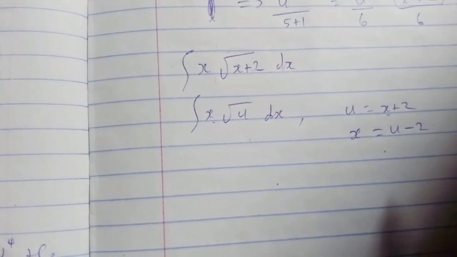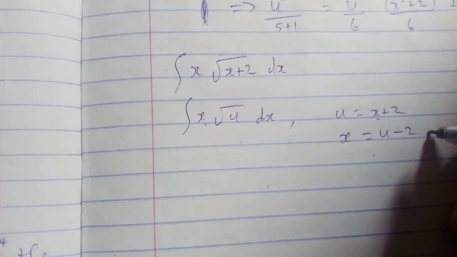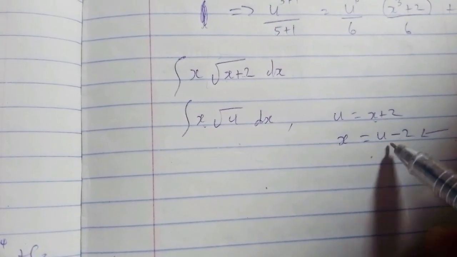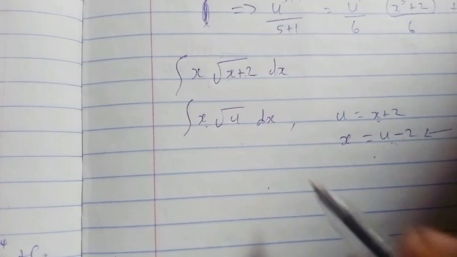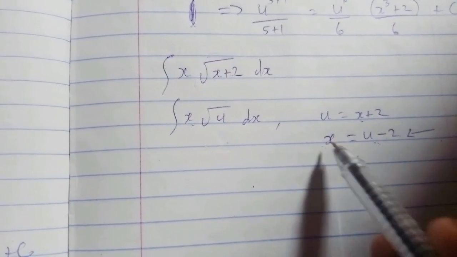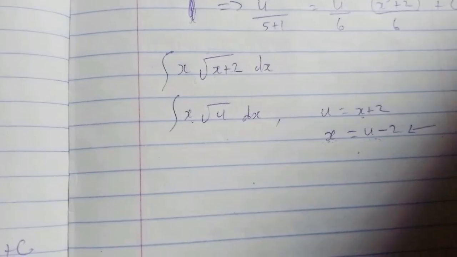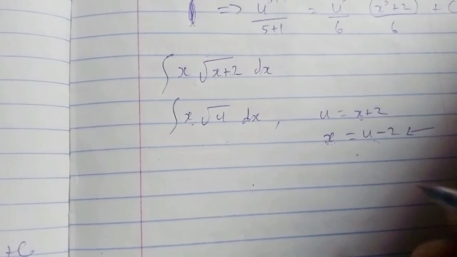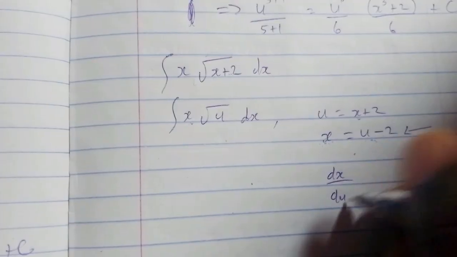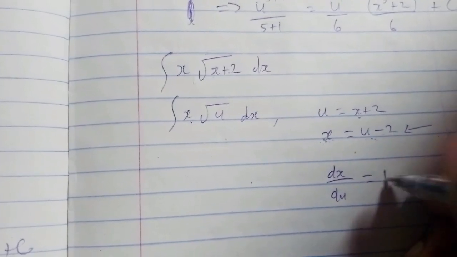Alright, so let's point out this. This is going to be our most important equation. So the next thing we can do is to differentiate x with respect to u. Alright, so that dx/du is equal to 1.